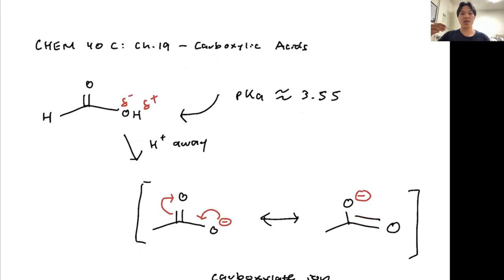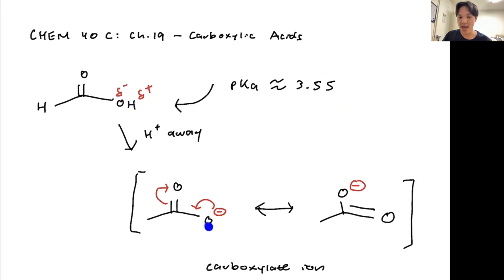And we can actually numerically derive how acidic that H is. And lucky for you, we don't have to do that. We just have to look at it in the table where the pKa is around 3.55. So the lower the pKa, the more acidic the molecule is, right? So if we actually take a look at it in a more theoretical way, if we take away this H, we can see that we get a negative oxygen, but there is the possibility of our good old friend resonance, right?